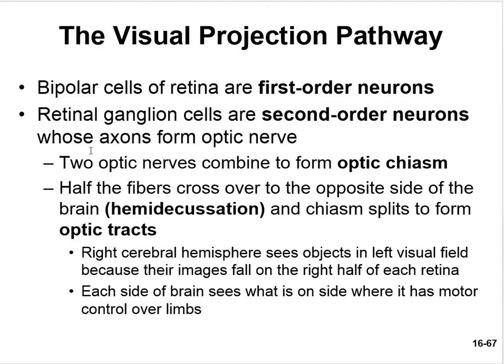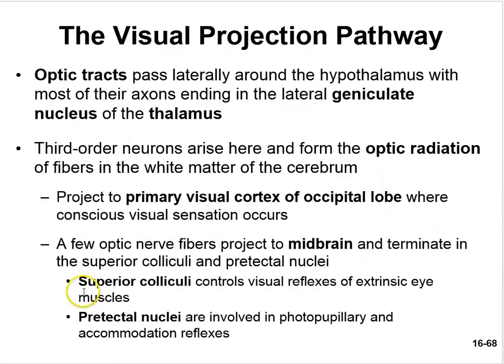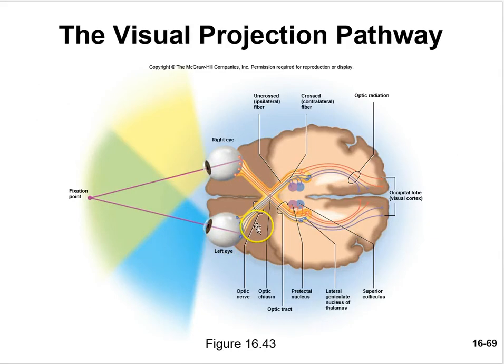Half of the fibers will cross over to the opposite side of the brain. That's called hemidecussation. And the chiasm splits to form the optic tracts. You can see that in this picture right here. See how some of the fibers go all the way to this side and some go to that side?